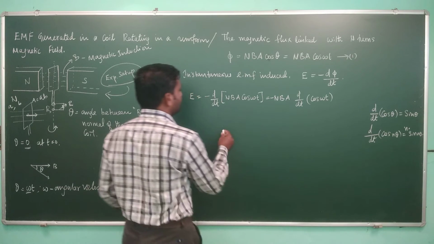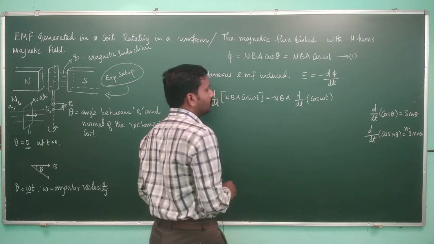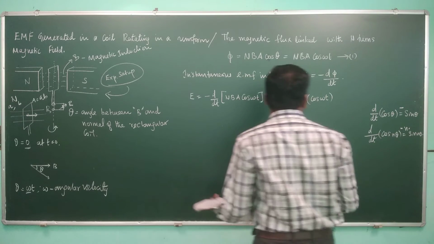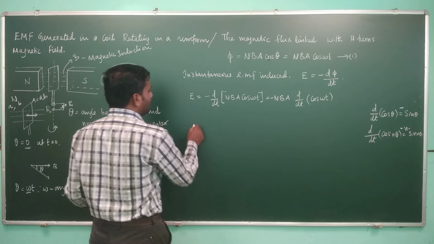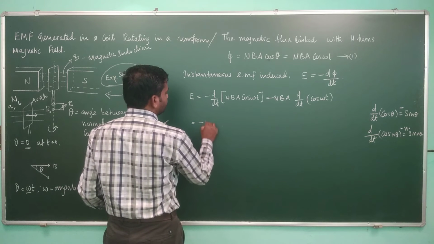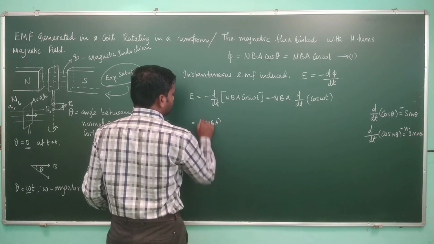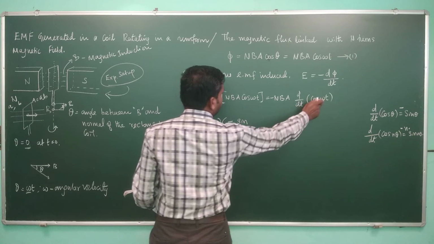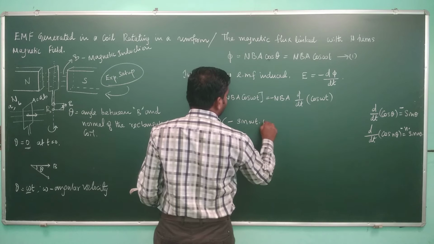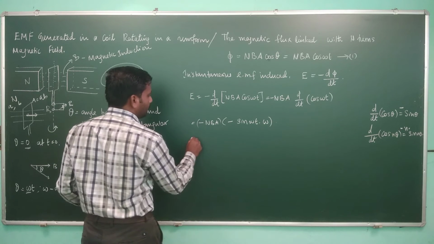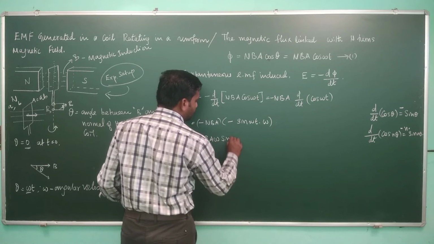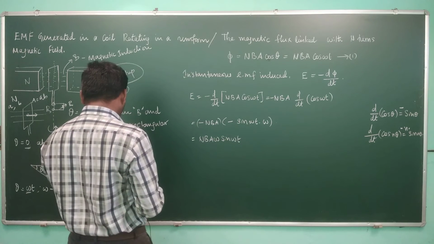In that way, cos theta gives minus sin theta, so minus of minus NBA sin omega t into omega, so that we have NBA omega sin omega t.